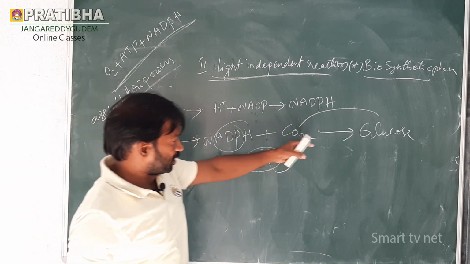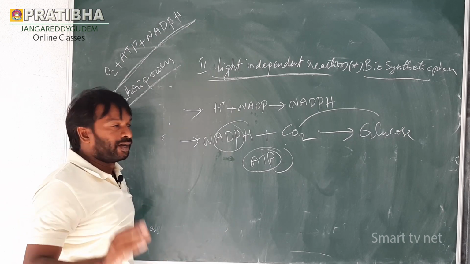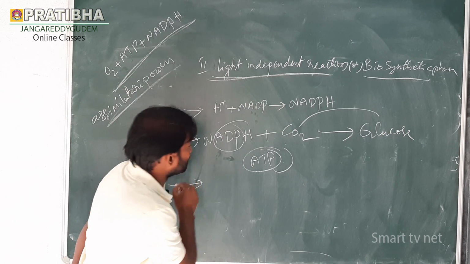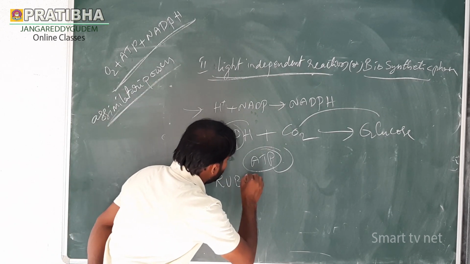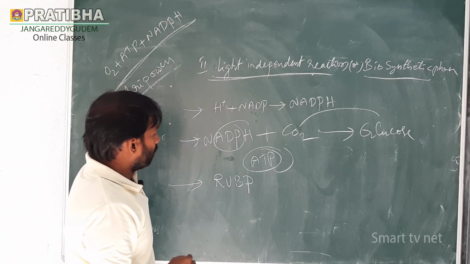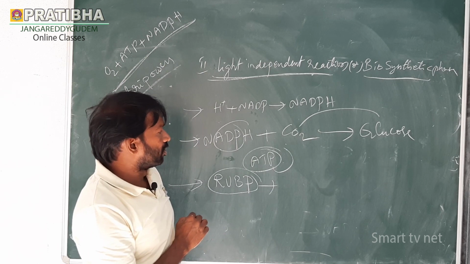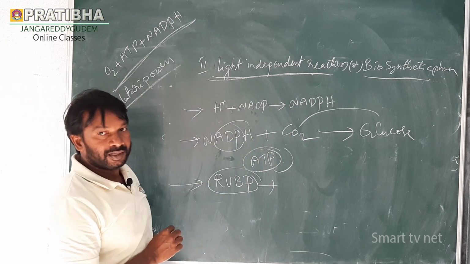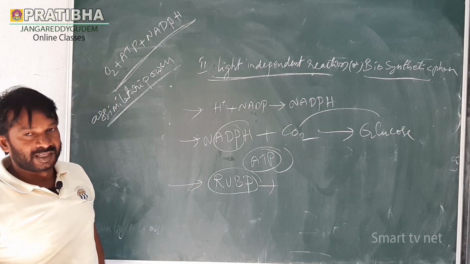During this process many events occur, and some intermediate products like RuBP and some enzymes help in the formation of glucose from carbon dioxide. This is the mechanism of photosynthesis.